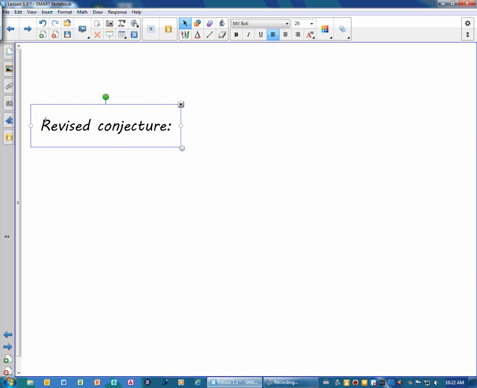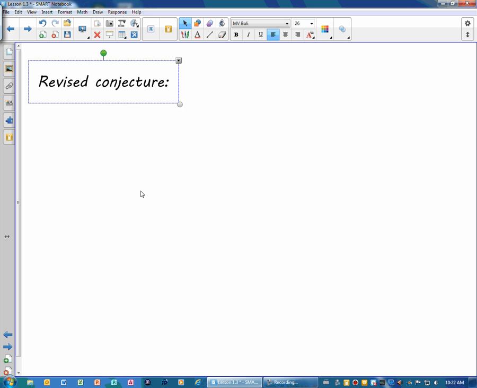So I can type easier than I can write, so I'm going to go ahead and type. I'm going to revise my conjecture. Okay, it's got to do with when I add those two.